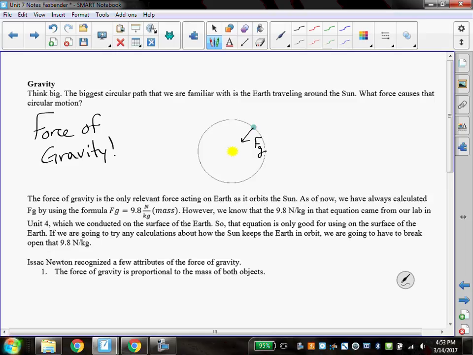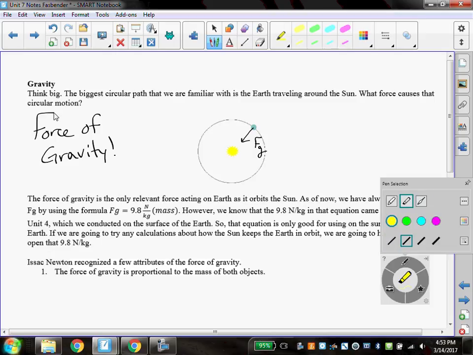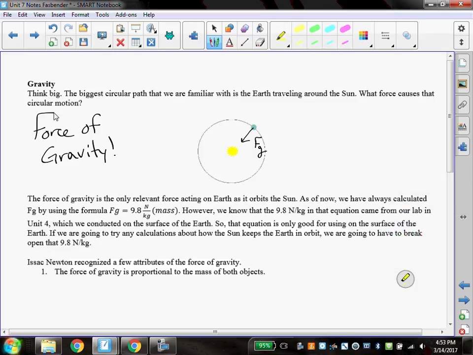Now, we currently have an equation for the force of gravity. We came up with it in semester 1, right? Fg equals 9.8 newtons per kilogram times mass. We did an experiment where we came up with that equation. If you recall, we had a bucket attached to a spring scale. We kept putting masses into that bucket, and then we were measuring what force the spring scale read.